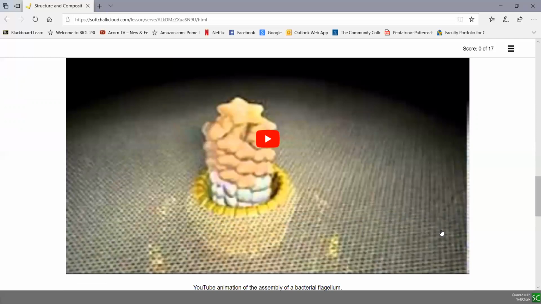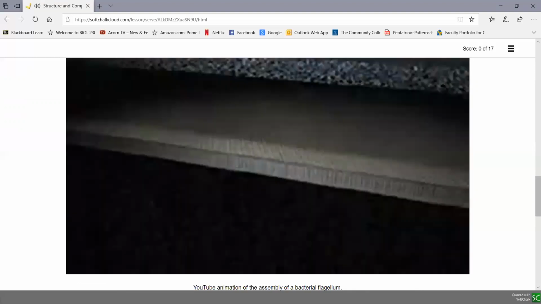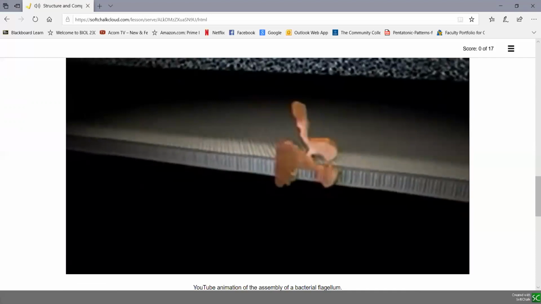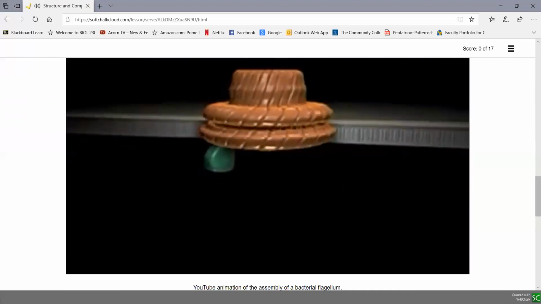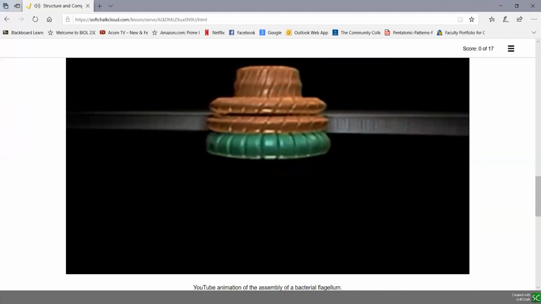And this is a little movie that shows the assembly of the flagellum. So there's our bacterium, and now we go down with zoom vision and we see the motor being assembled in the cytoplasmic membrane here, the different parts of the motor.